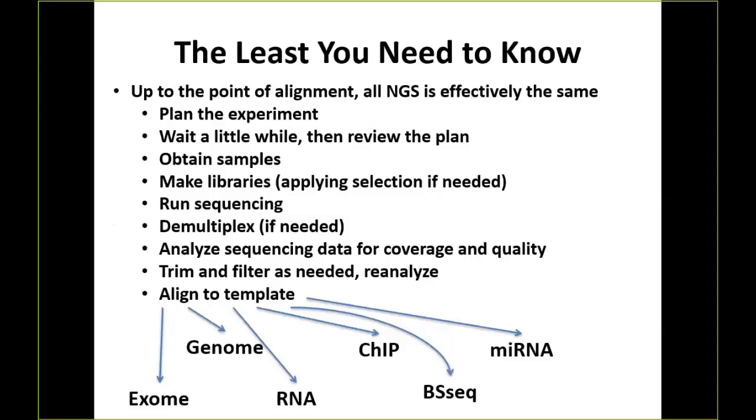So you may be doing exome or genome sequencing, you may be doing RNA-seq, maybe ChIP-seq, bisulfite-seq, or microRNA-seq. Regardless, you're going to want to align to some kind of template and then keep going with your analysis. And really, after the template alignment, the different applications start to diverge so greatly that I won't be covering those in detail for this class.